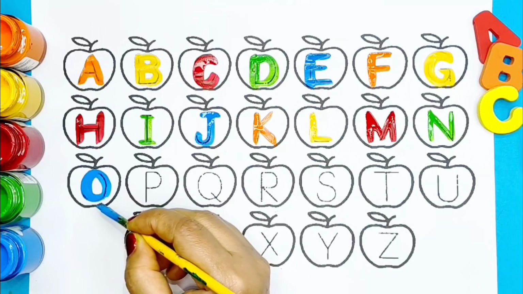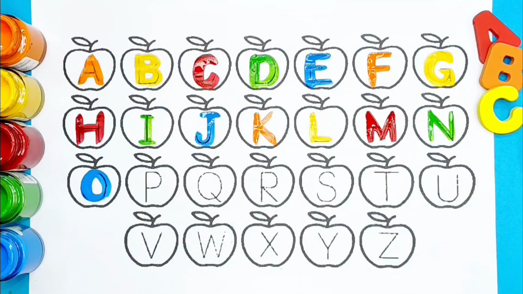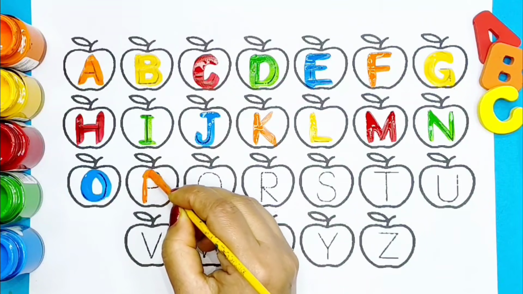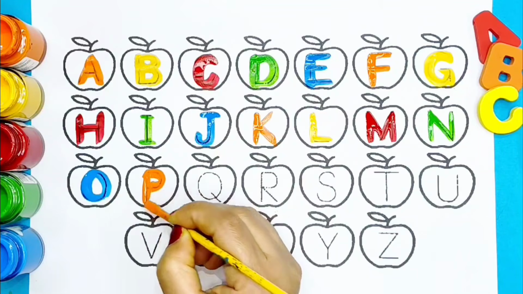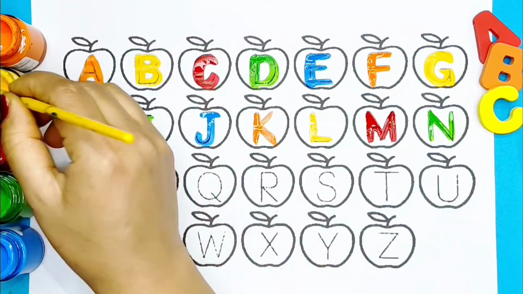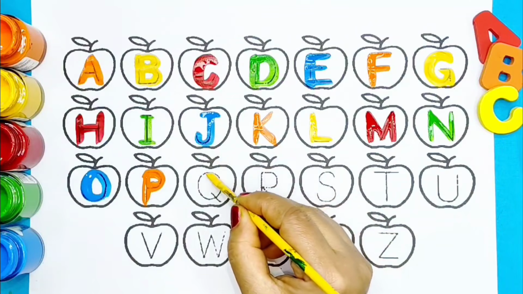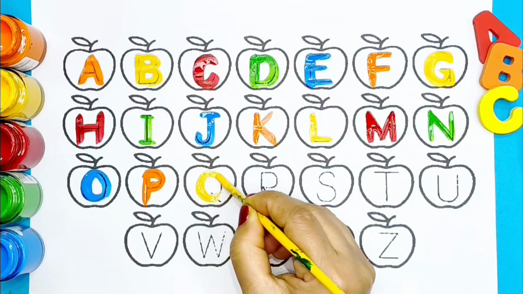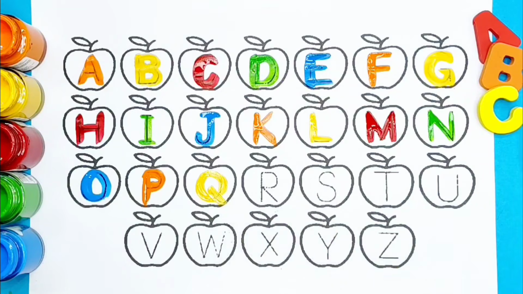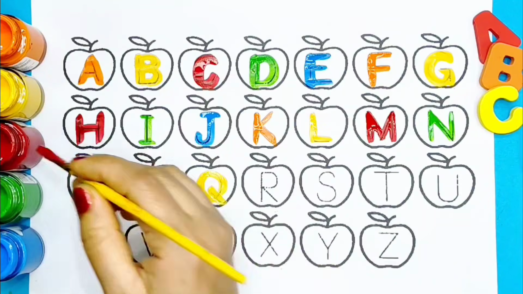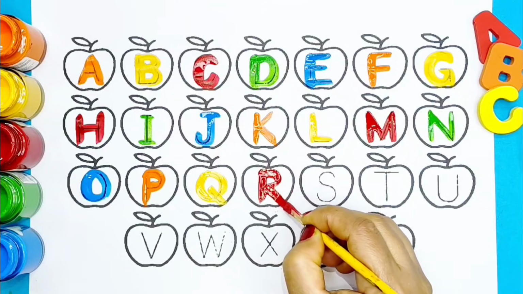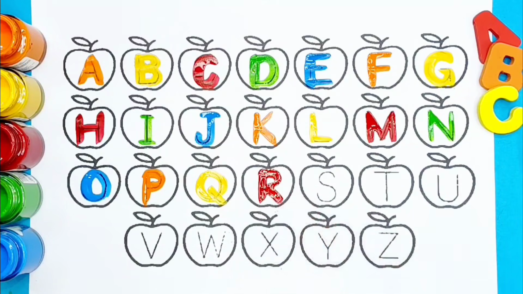O for octopus. Orange color. P for pencil. Yellow color. Q for queen. Red color. R for rabbit.